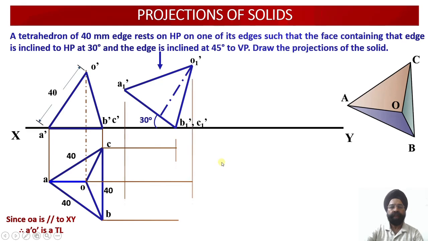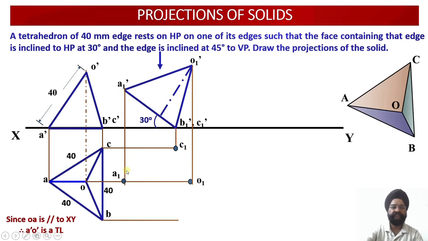So now we have to work out the corresponding points. This is the corresponding point for C1. So C1 is lying over here. C1 dash perpendicular below, C should be projected horizontally. Similarly, point O is located over here, and then point A is located over here.